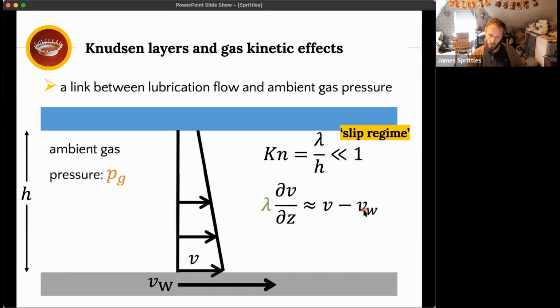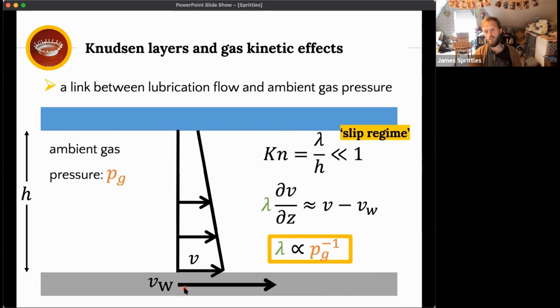That is generated by the shear stress acting on this interface with a slip length, which is just the mean free path in the gas. So what we start to see now, finally, is somewhere in our model, we have a link between the gas pressure and the model. That's because the mean free path is inversely proportional to the gas pressure. As we reduce the ambient pressure, as they do in experiments, we increase the mean free path, and that means essentially more slip between the gas and the solid.